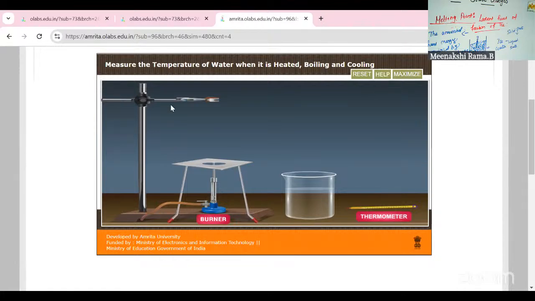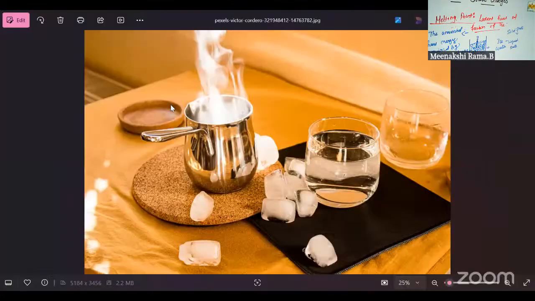So what is this? This is the evaporation concept. This picture is the ice cubes. So the ice cubes are put into that bowl. When I heat the bowl, some ice cubes are here, and some amount of water is also here.